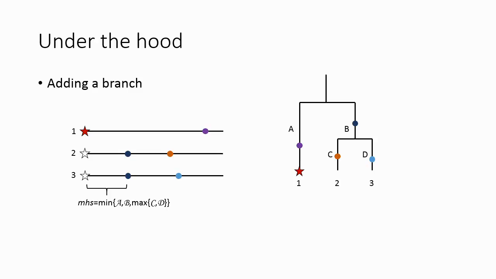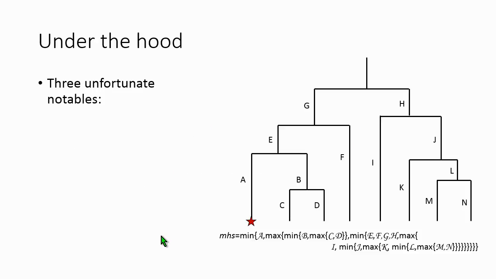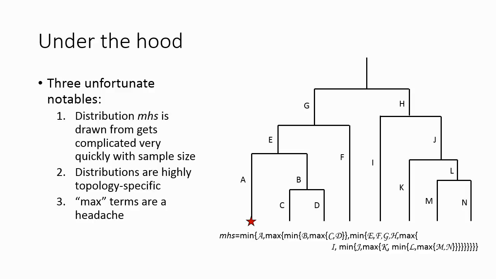So we've got a maximum haplotype sharing statistic that is the minimum of these values. You can keep going. You can get bigger and bigger. And the reason I'm showing you all of these is actually to point out 3 unfortunate characteristics of this statistic. So first of all, the distribution thing gets bigger and nastier very quickly as the sample size increases, right?